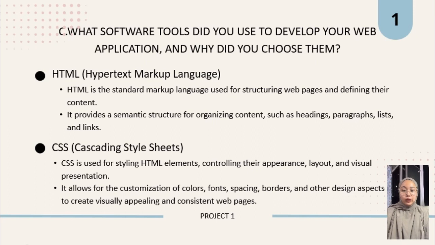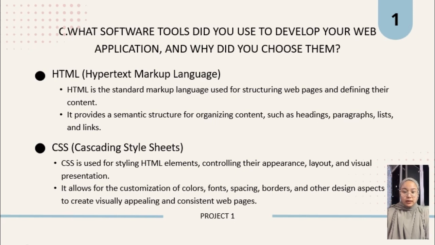C. What software tools did you use to develop your web application and why did you choose them? First, we are using HTML. HTML is the standard markup language used for structuring web pages and defining their content. It provides a semantic structure for organizing content such as headings, paragraphs, lists, and links.